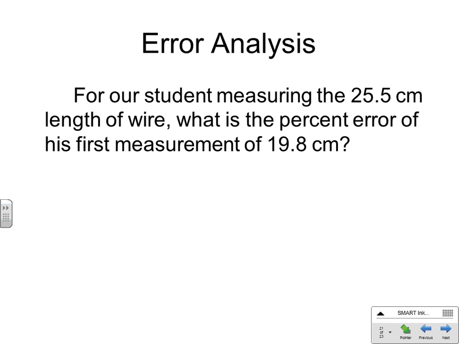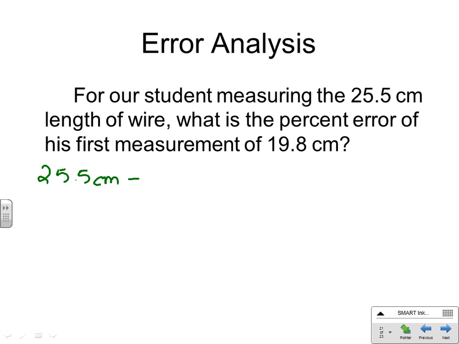So doing this calculation here, for our student measuring the 25.5 centimeters length of wire, what was the percent error of their first measurement? Their first measurement was 19.8 centimeters. You've got this value, 25.5, given to you.